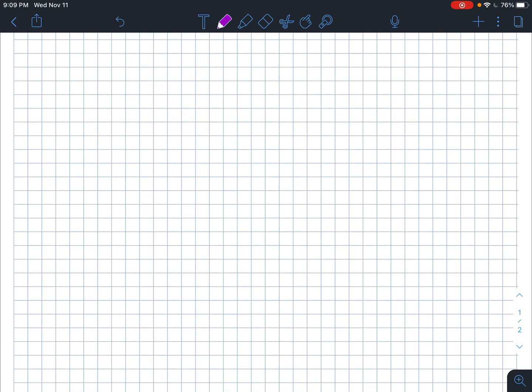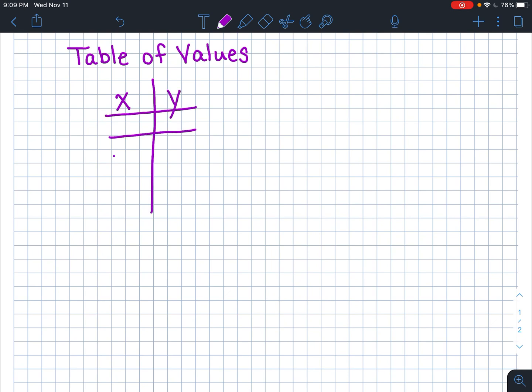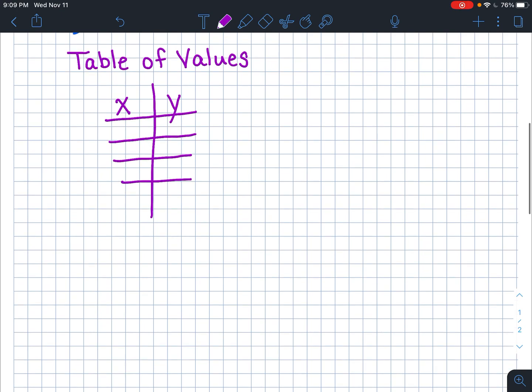Next, sometimes points are organized in a table. This is called a table of values. So it's got an x and a y, and it just lists the points.